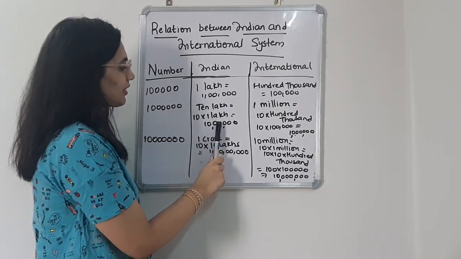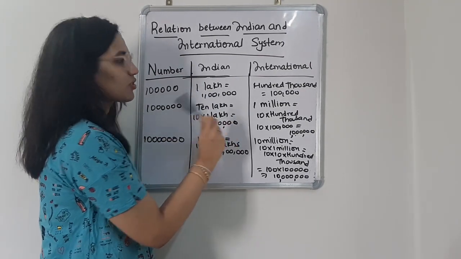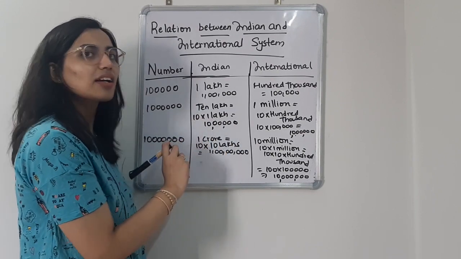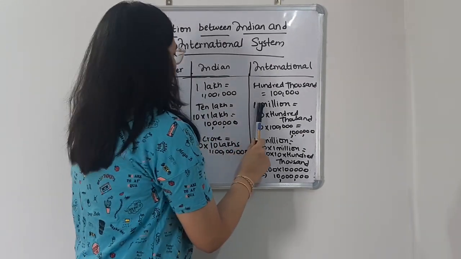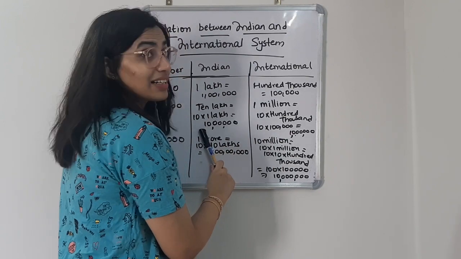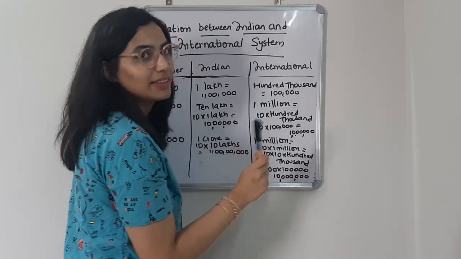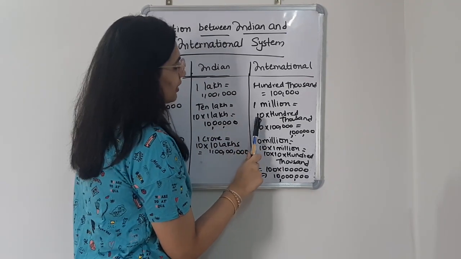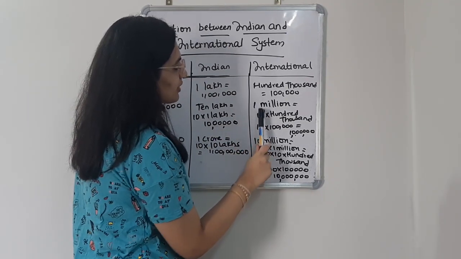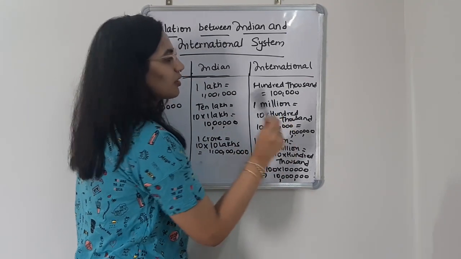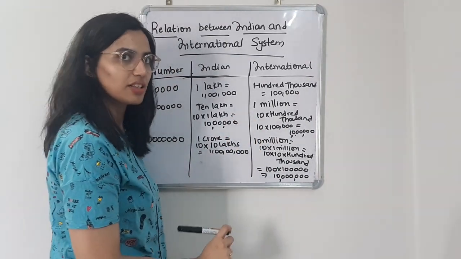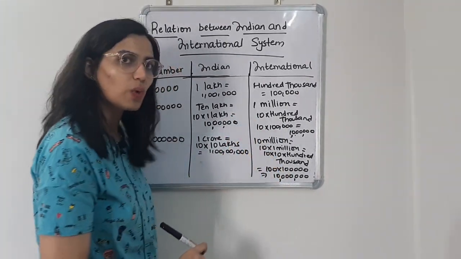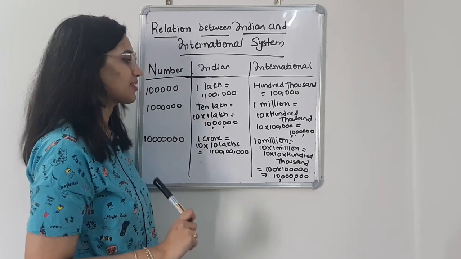That is nothing but 10 into 100,000. That is the reason we will be adding 0. And here it will be 10 lakhs is equal to 1 million. So that is what I was telling you before, which is nothing but 1 million is 10 into 5 zeros. That is 100,000. And it will become 1 million. So 1 million will have 6 zeros.